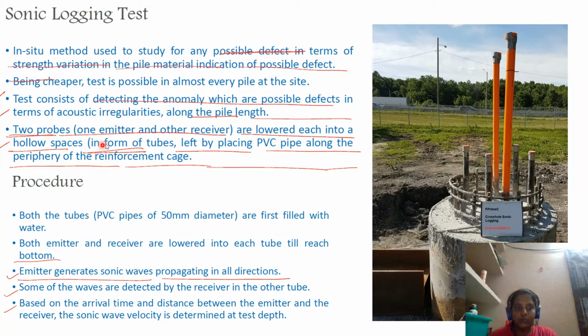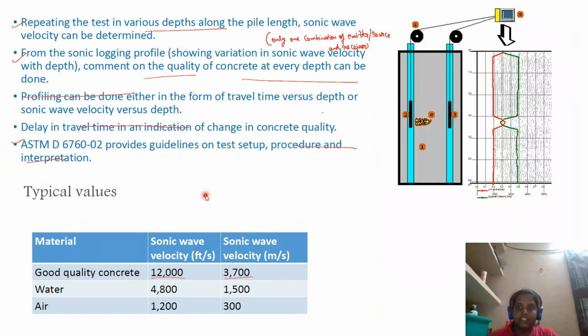Two probes, one emitter and one receiver, are lowered into the hollow space of the PVC pipes. I'll show you one more picture. Here you can see the transmitter and the receiver.